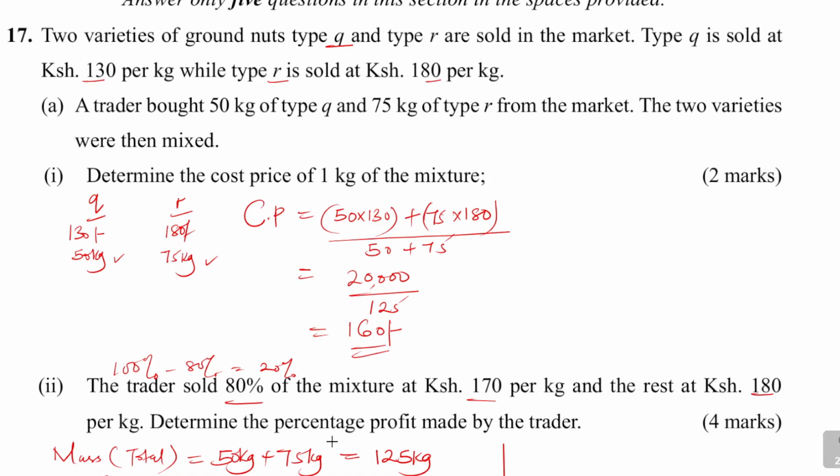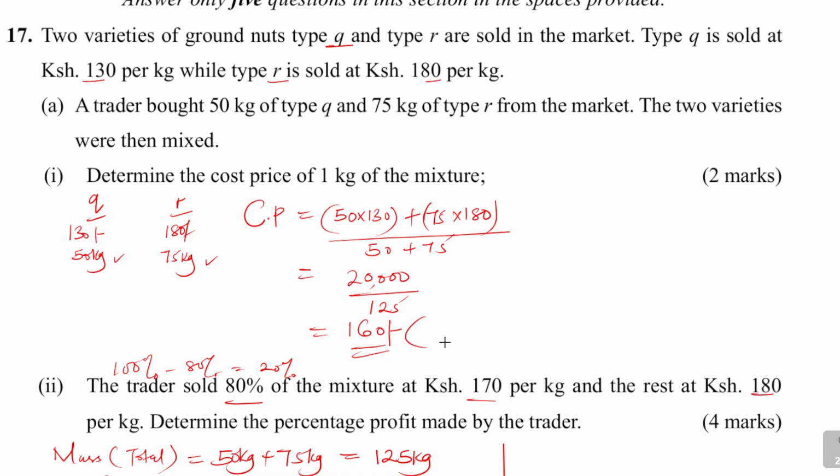The buying price we are going to get from the cost price. We got the cost price of 1 kg of the mixture, it was 160. And we have the total kgs, the total mass was 125. That is where we get the buying price.